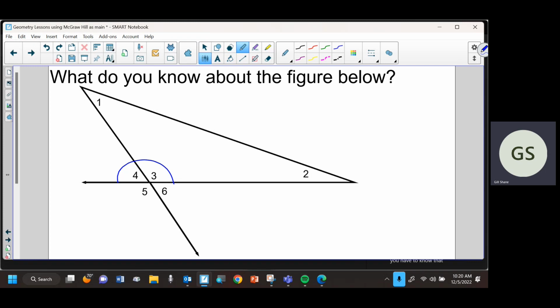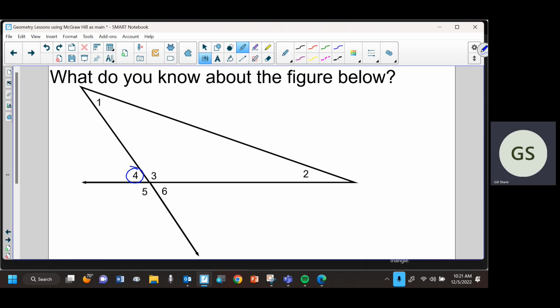I told you initially that you didn't need to know this because you could always figure it out using other information. Well, then they gave you problem number 34, which I'm going to put up on the screen. And you did have to know this in problem number 34. If we have an exterior angle, so 4 is exterior, it's outside the triangle.